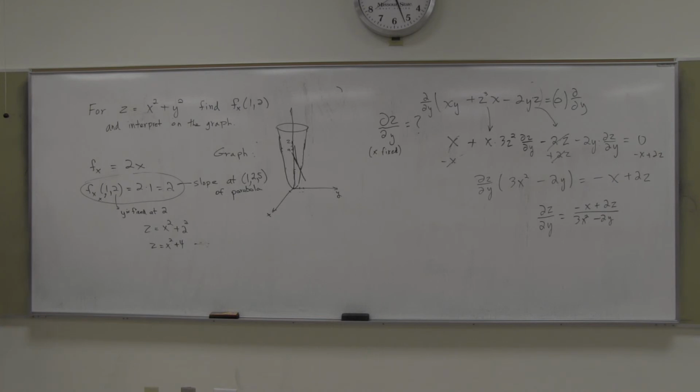That's what it comes out to be. So it's not just something that probably you'd automatically think, well, that's what that is, but it turns out that's what you got. All right.